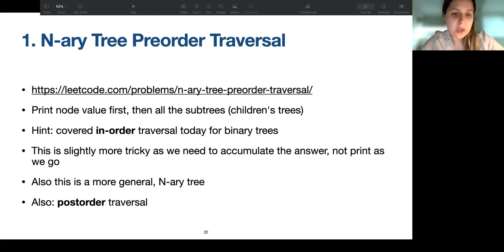So if you remember, we covered a similar traversal today for binary trees, but it will first print everything to the left-hand side, then the node itself, and everything to the right-hand side. So I encourage you to look at that little program and think how you can modify it for the trees with an arbitrary number of children in each node, and also with printing the value of the node first.